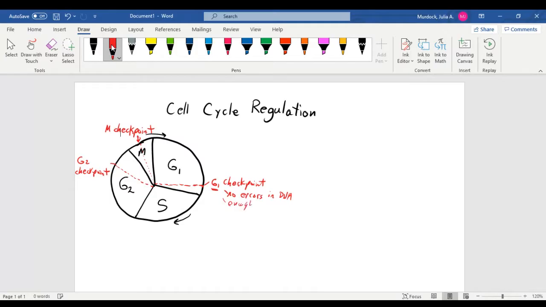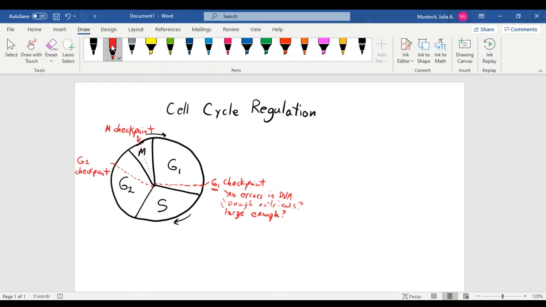And it will also check if the cell has grown large enough to have enough size, cytoplasm, and organelles to send to 2 new cells. So is it large enough? These are all things that have to be true before the cell can be signaled chemically to move forward. So these are the conditions that the cell might be looking for.